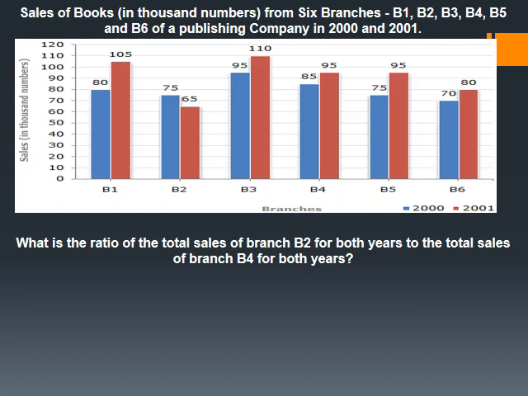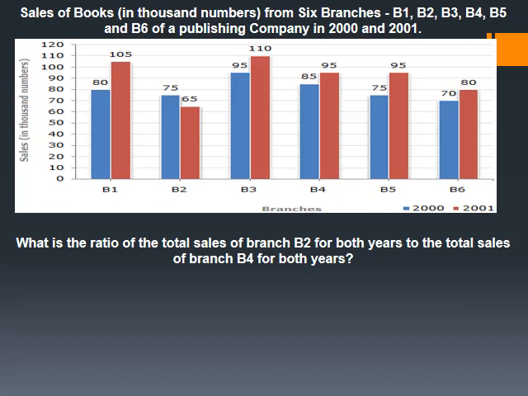It is specifically saying total sales in both cases, so 2000 and 2001 together. We are comparing B2 with B4.